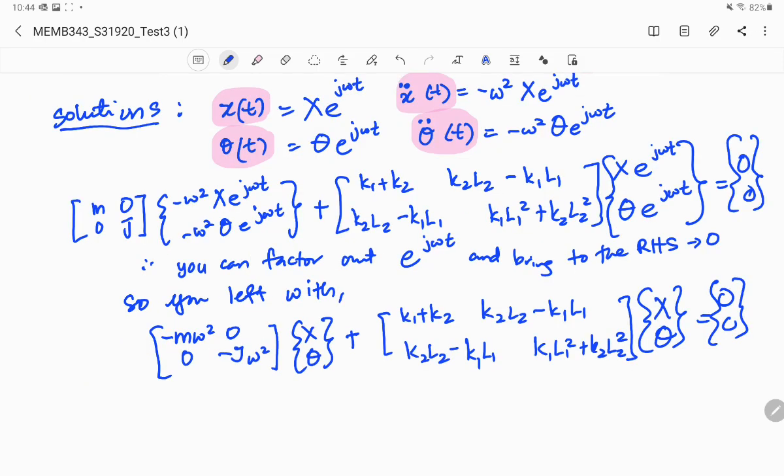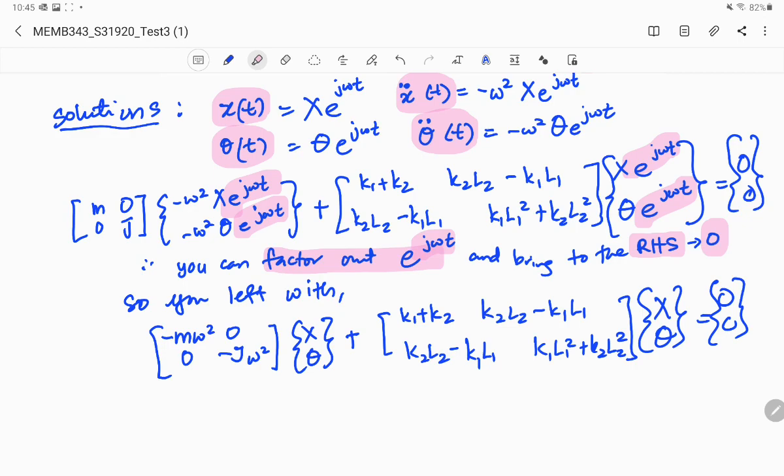So you have these expressions. When you substitute, you can actually factor out the e^(j omega t), so you can bring it to the other side of the equation. That means 0 divided by e^(j omega t), so you get 0 as well.